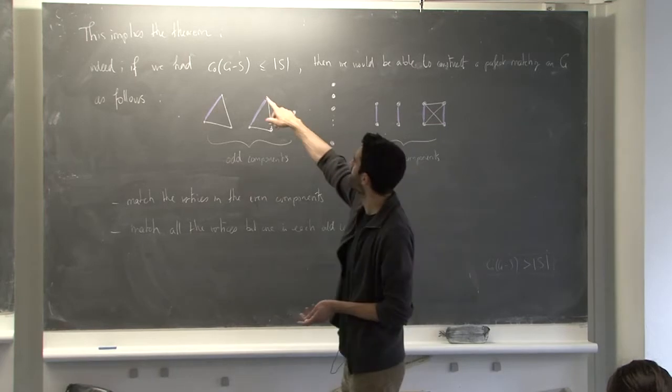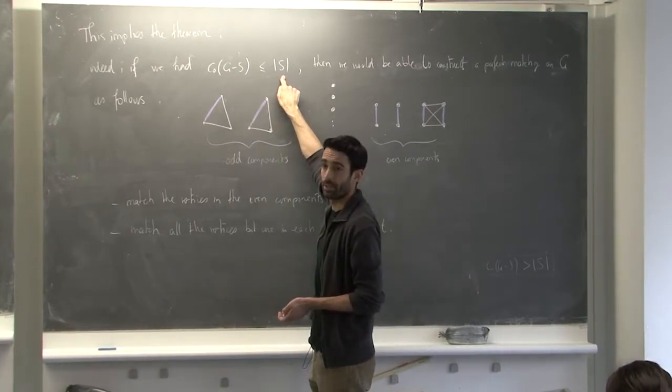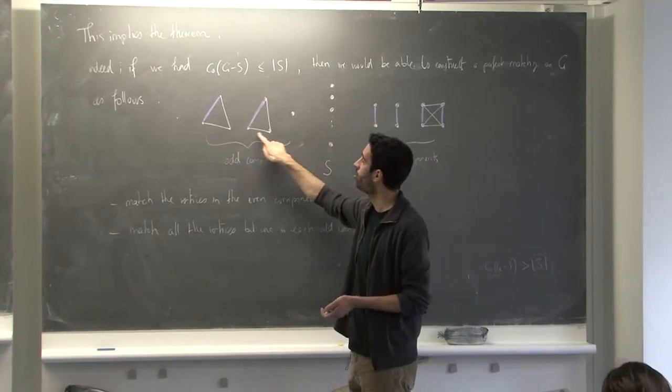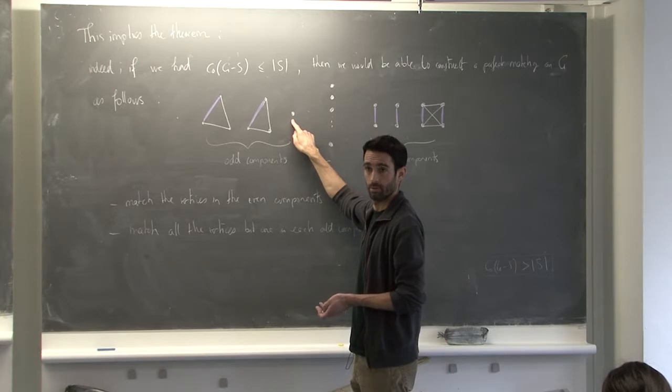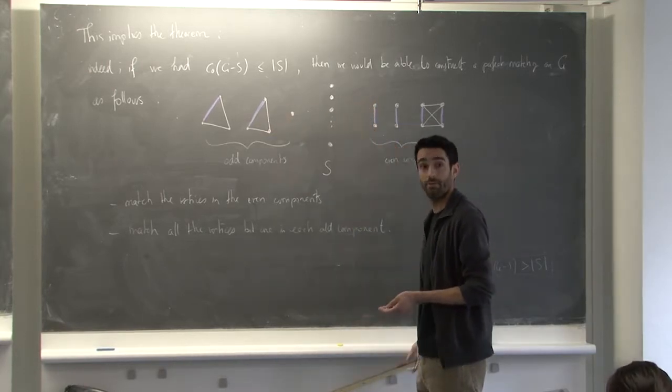But now, since the number of odd components is less or equal to S, and S is linked to everyone, we can link the remaining points to people in S, right? We have enough of them.